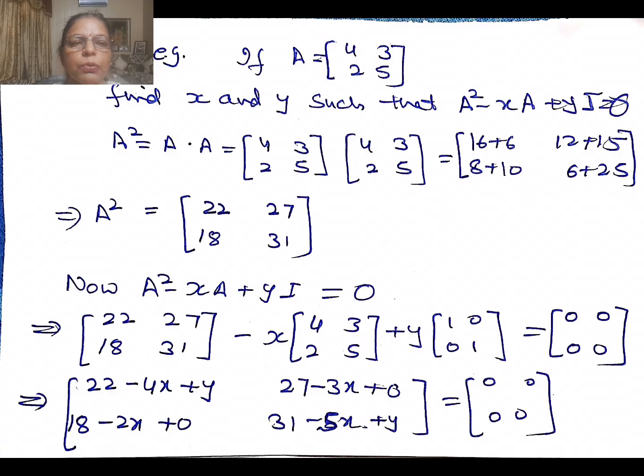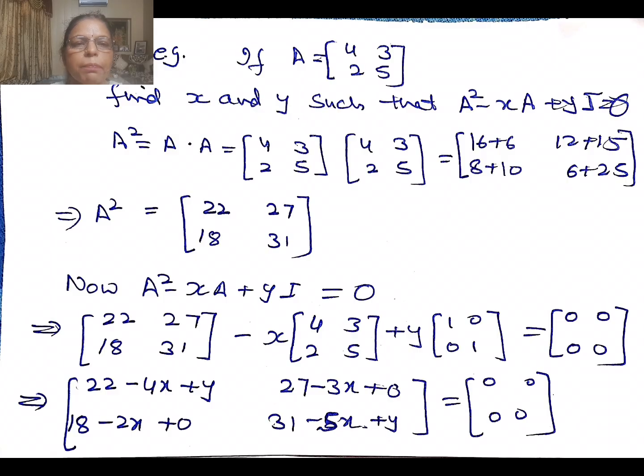A square is A into A, that is [4 3; 2 5] into [4 3; 2 5]. As a rule of matrix multiplication we get 16 plus 6, 12 plus 15, second row 8 plus 10, 6 plus 25. The resulted matrix is [22 27; 18 31].